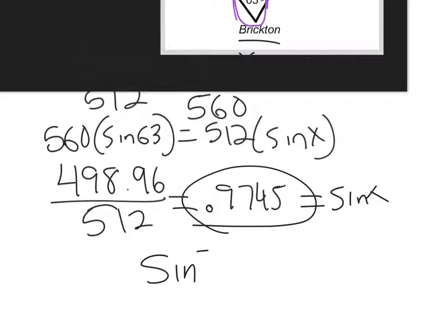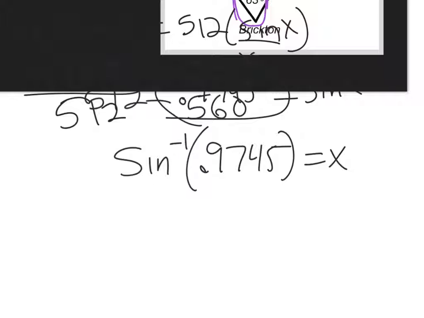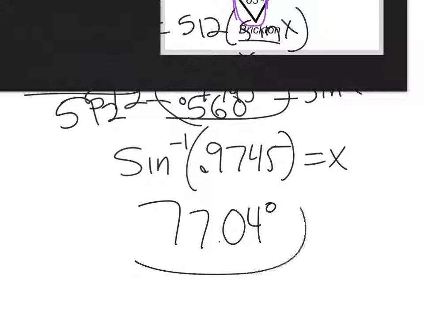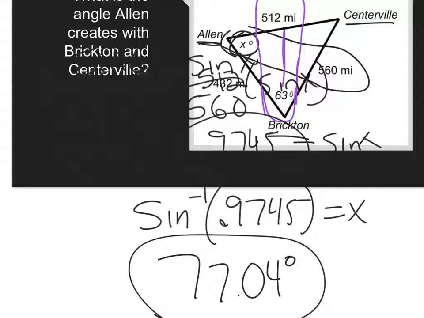So I've got to take the sine inverse to just get x. And when I do that, I get 77.04 degrees. So that's how big that angle is in my problem. That's how big the angle is that Allen creates with Centerville and Brickton. It's going to be a 77-degree angle.